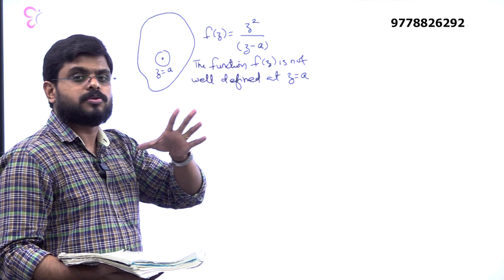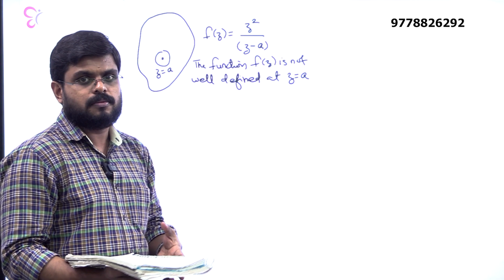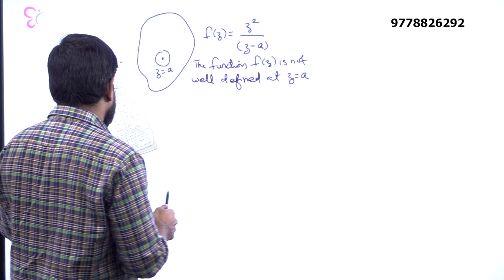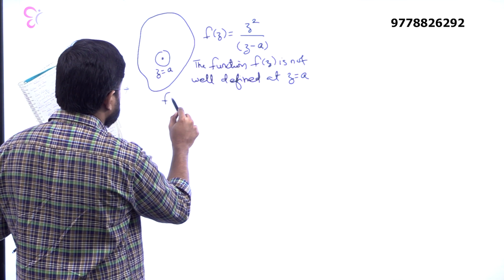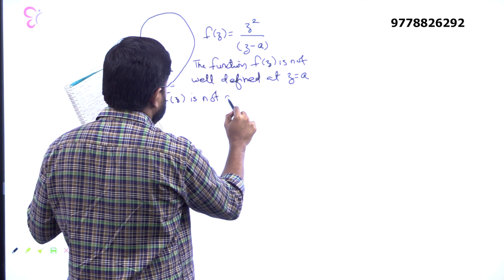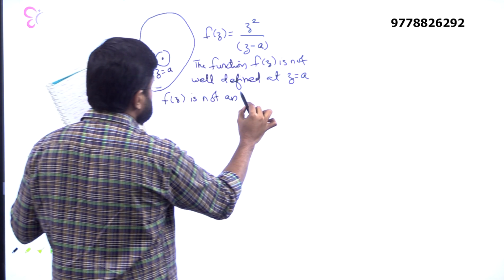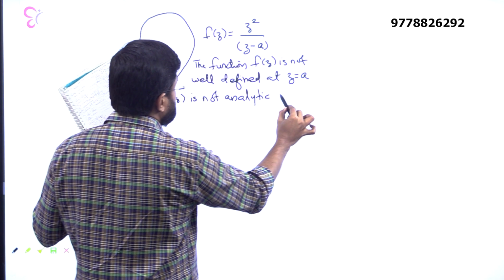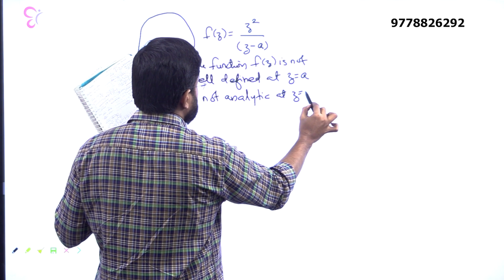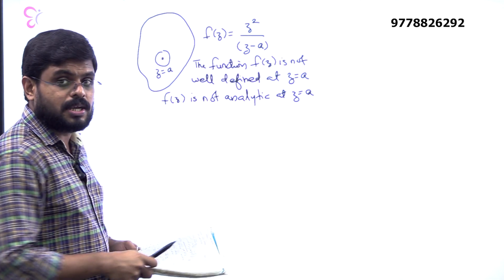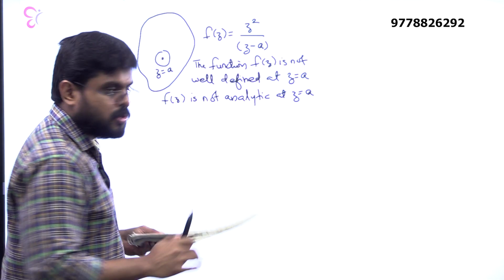So at z equal to a there is some peculiarity, and what is that peculiarity called? That means f of z is not analytic. Not well defined means it is not analytic. The function f of z is not analytic at z equal to a.